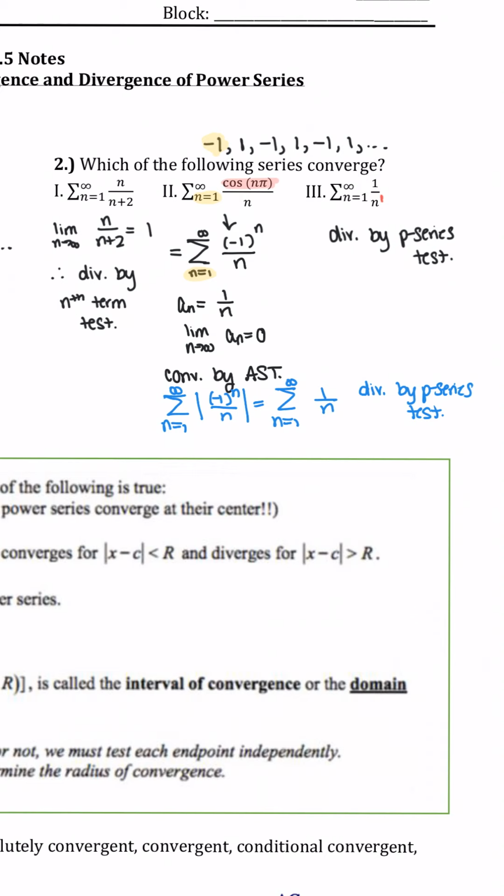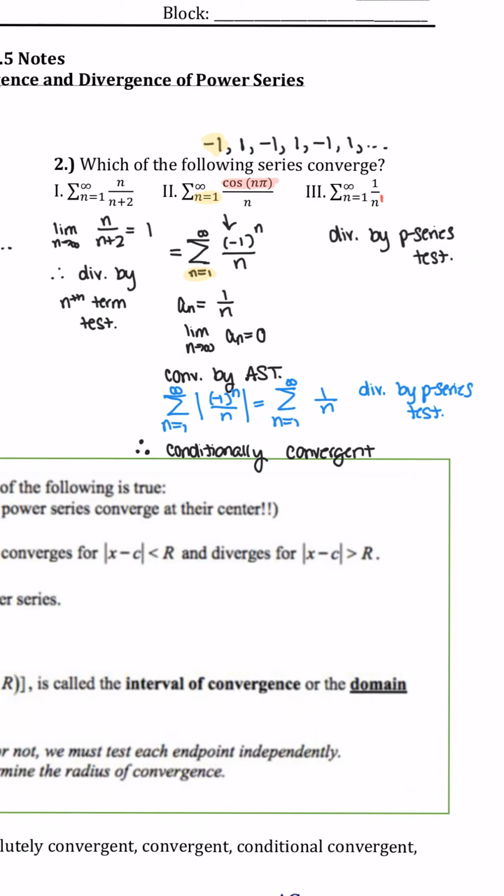Therefore, while series number 2 does converge by the alternating series test, it does not absolutely converge. Therefore, it is also called conditionally convergent. All right, so just to recap, in number 2, 1 is divergent, 2 is convergent and conditionally convergent, and 3 is divergent.